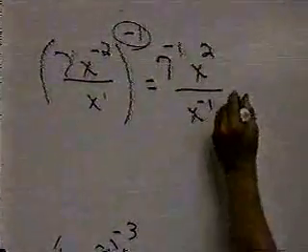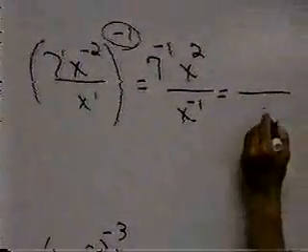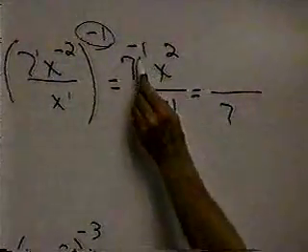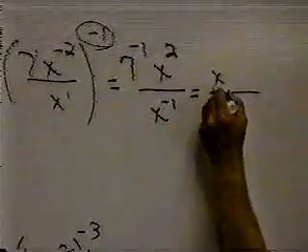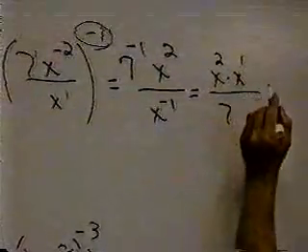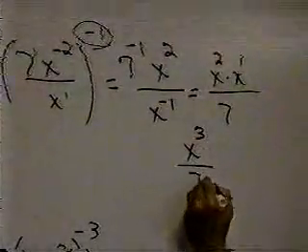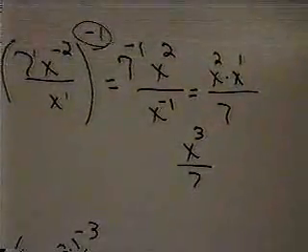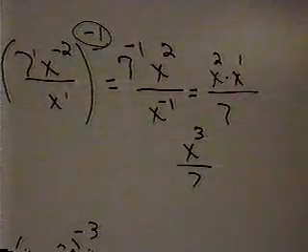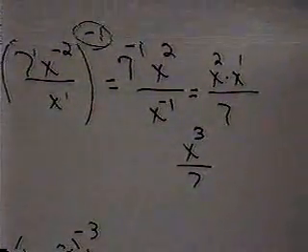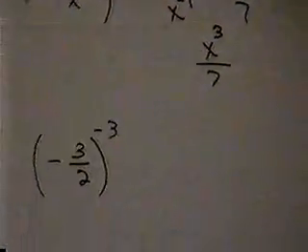All right, now what's our rule here? Well, the 7 goes down the bottom. Move it across, and that goes up. So our final answer is x to the third over 7. All right. Next example.